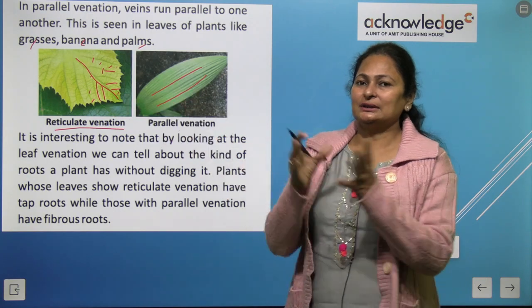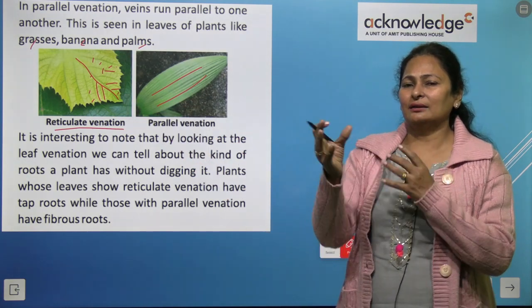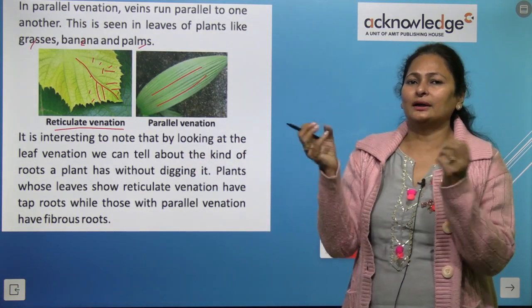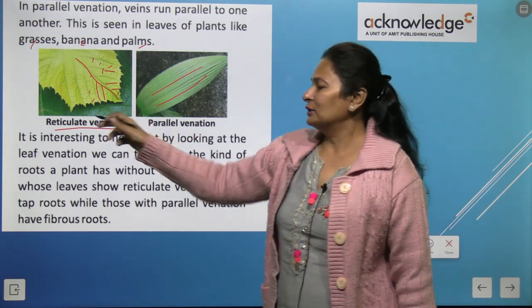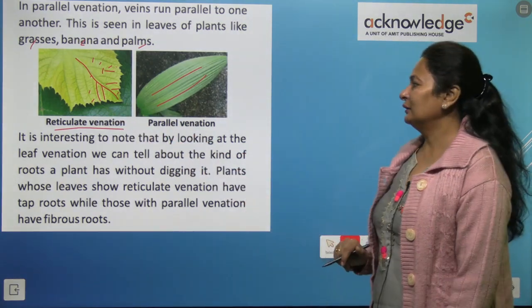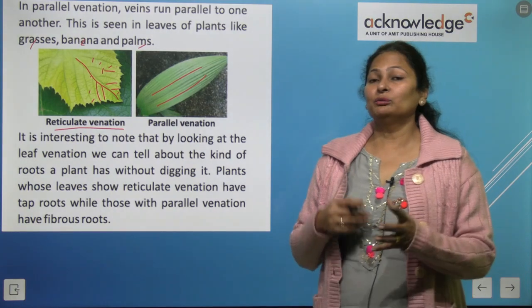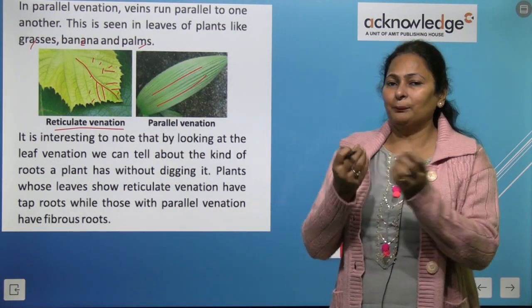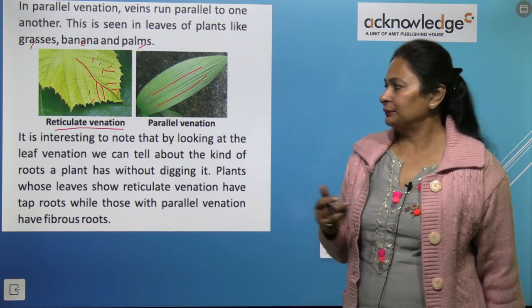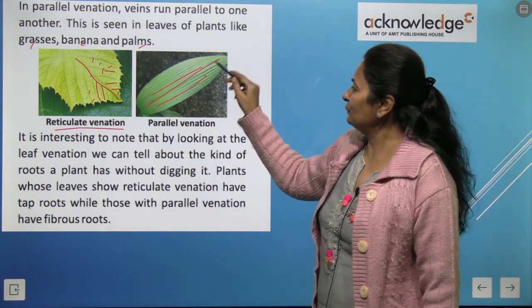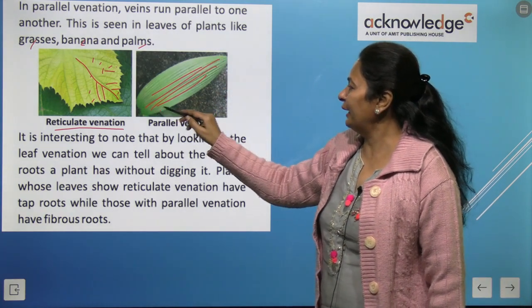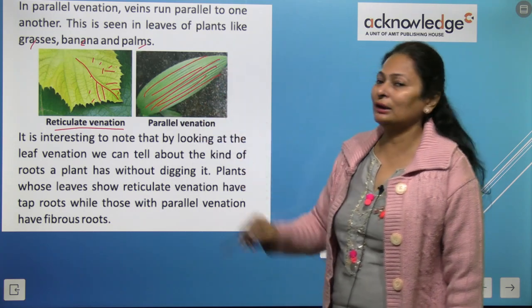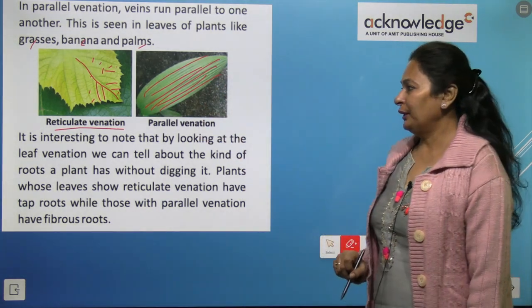Reticulate venation is a network of veins, like a lot of network has formed everywhere. Another is parallel venation, in which veins move along parallel to each other. You can see this is a vein, again one more is there, one more is there. So this is called parallel venation.